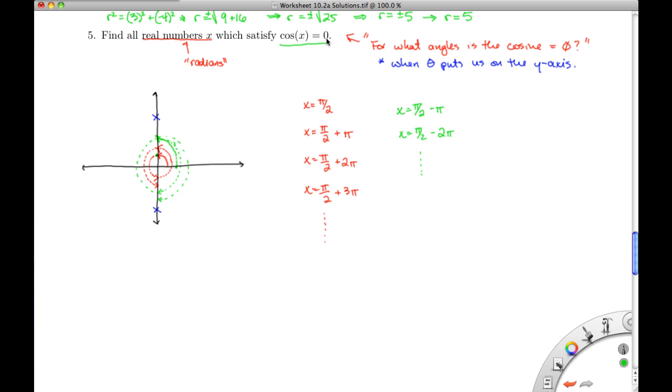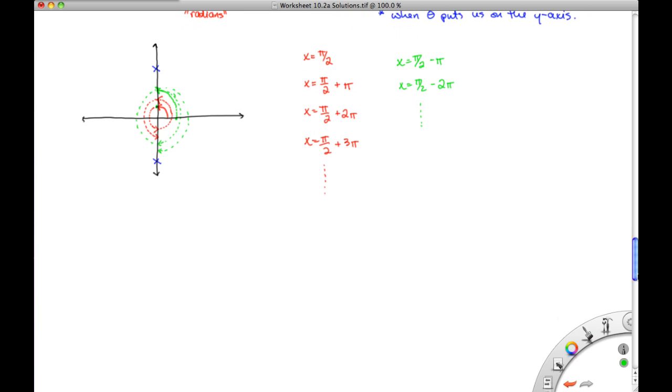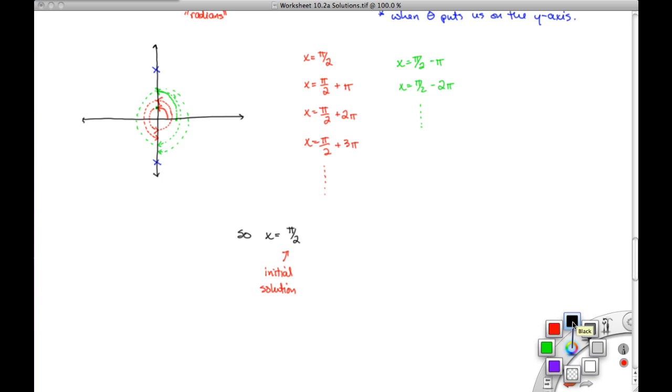So how do we sum it up without spending the rest of our lives writing all of the solutions? Well, we need to find a way to generalize it. So one way we could do this is we could say x is equal to pi over 2, which is our initial solution. So let's go ahead and write that. So that's our initial solution. And then we try to generalize the repeating pattern. So in this case, it's multiples of pi, either plus or minus.